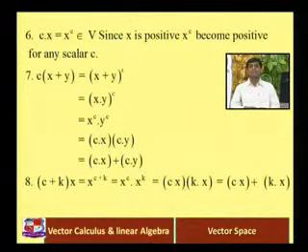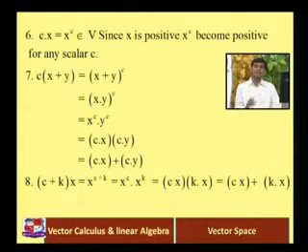The seventh condition: c into, in brackets, x plus y is equal to, in brackets, x plus y raised to c. Okay, we use the definition of scalar multiplication. Now x plus y, what is x plus y? That is equal to x into y, which is given in the definition, so x into y raised to c. Now in brackets x into y raised to c can be written as x raised to c into y raised to c.